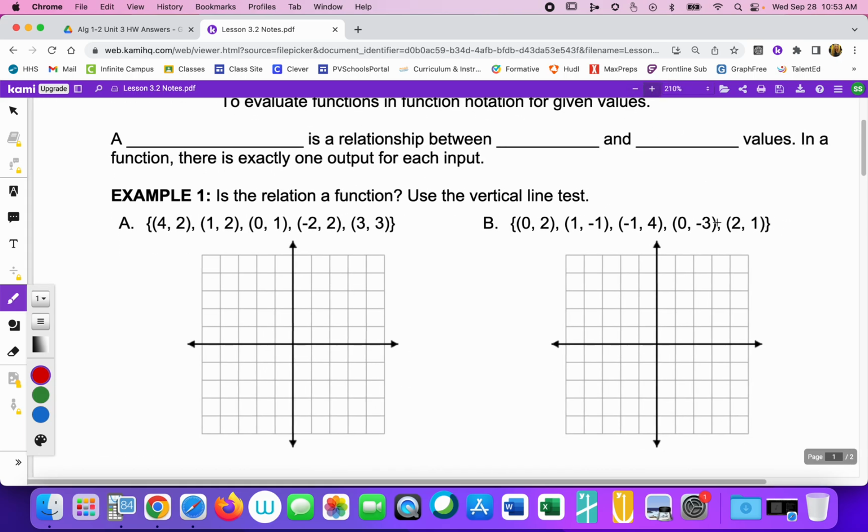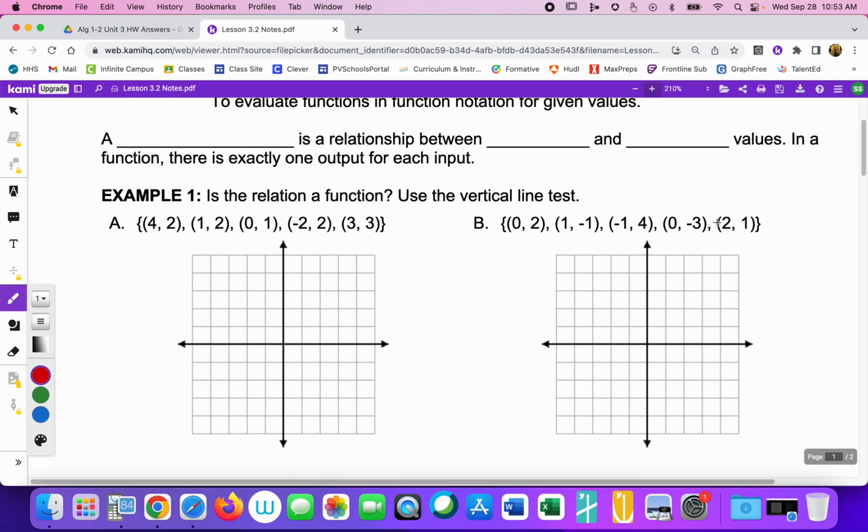Okay, a function, it's your first vocab term. That is a relationship between input and output values. In a function, there's exactly one output for each input.